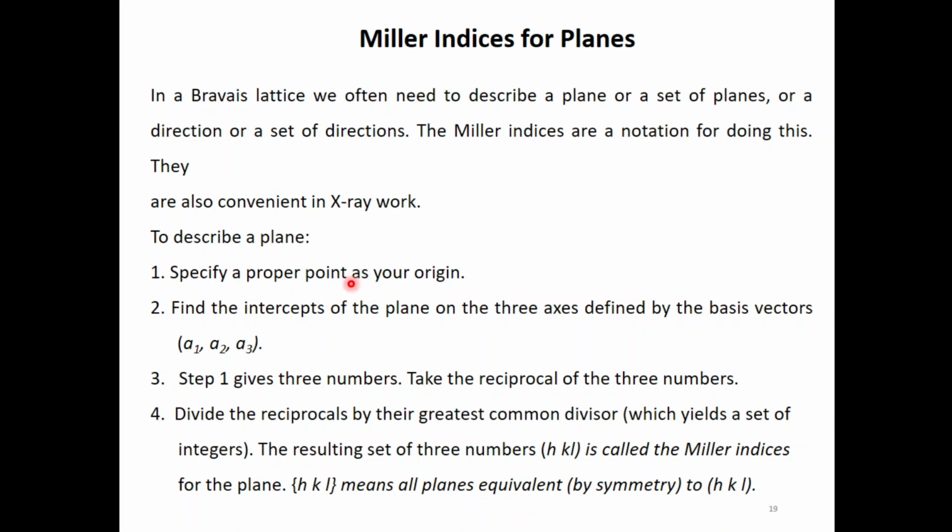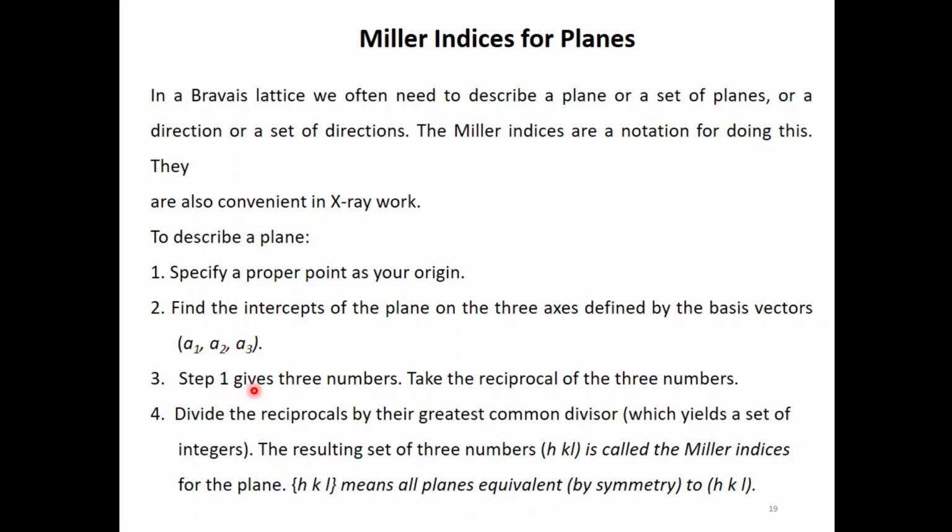So you should specify any corner point of that crystal structure, and then find the intercepts of the plane on the three axes defined by the basis vectors. First, you need to define a1, a2, a3, right? Or you may define a, b, c. It's up to you. Or you may define even x, y, z, right?